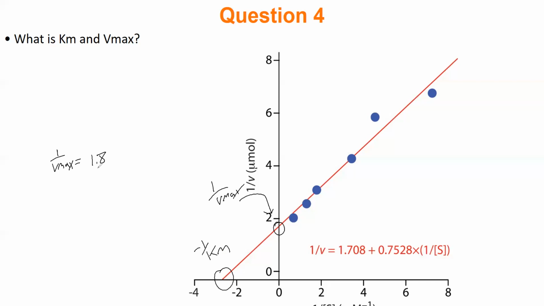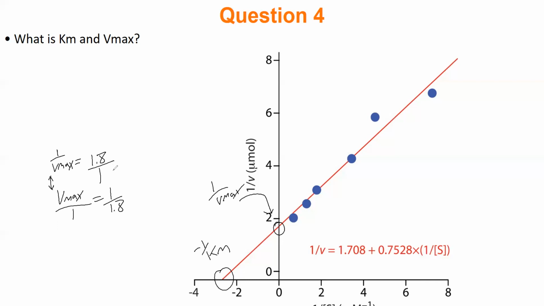And for any whole number, it's always divided by 1. Like 1.8 is equal to 1.8 divided by 1. Therefore, if I want to find Vmax, you just take both sides of the equation and you flip the numerator and denominator. So Vmax divided by 1, or Vmax, equals 1 divided by 1.8.